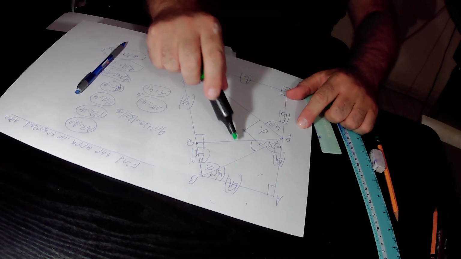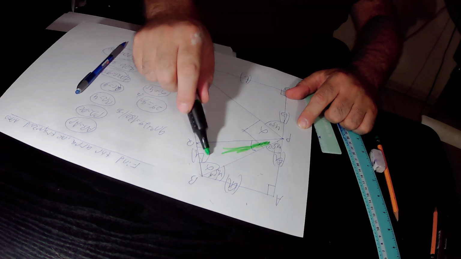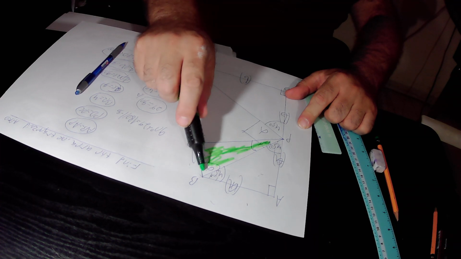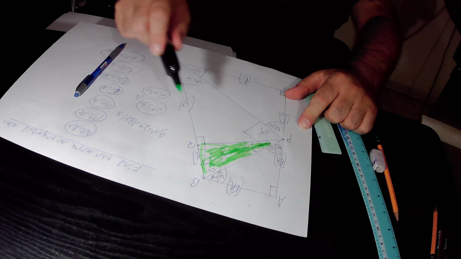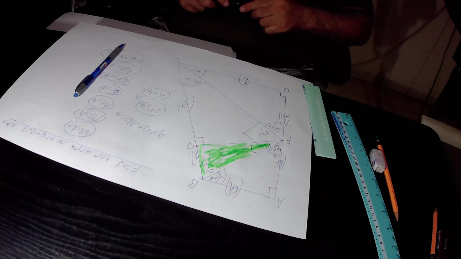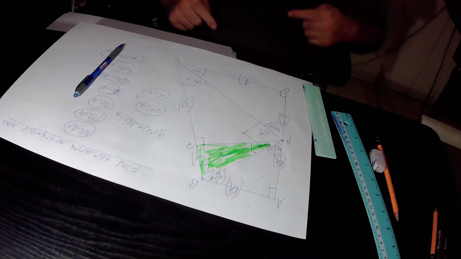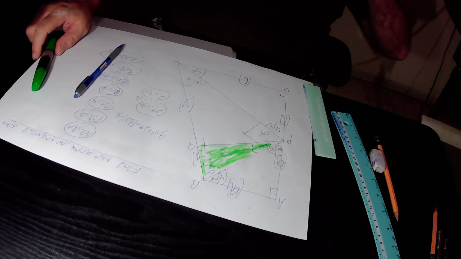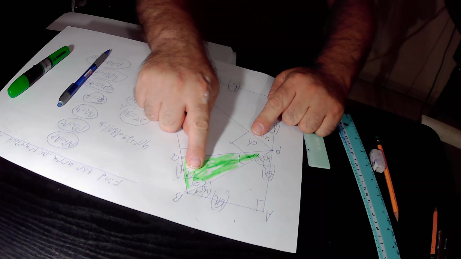In the next step, we'll prove that the green right small triangle PBQ is similar to the right big triangle PQC. So why are those two triangles similar to each other? First of all, those two angles are both equal to alpha, therefore they are equal to each other.